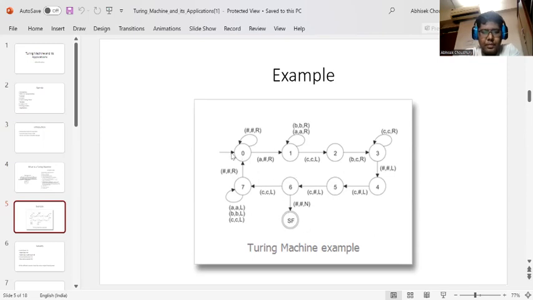So these are Q, and 0 is the initial state, so it is Q naught, and SF is the final state, so it is part of F. There can be multiple final states as well. So the set of final states would be a subset of the states, and at every operation we will read a symbol, write a symbol onto the tape according to the transition function, and we will move either right or left.